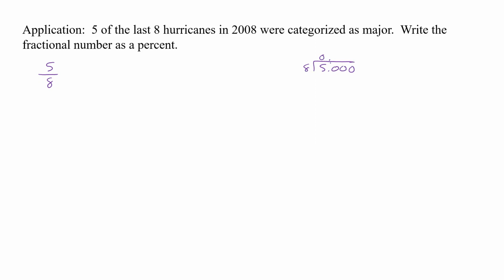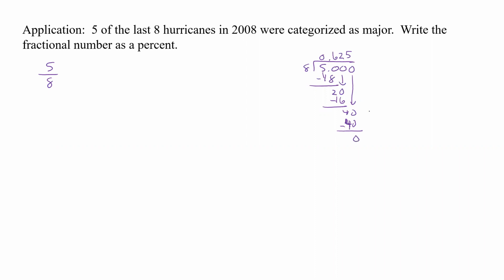Okay, so 8 times what? Well, 8 times 6 is 48. So I could subtract that, that's 2, bring down the 0. Well, 8 times 2 is 16, subtract, that's 4, bring down our 0. And so now we have 8 times 5, that's going to be 40.